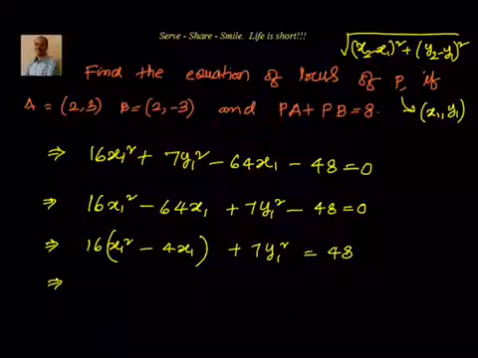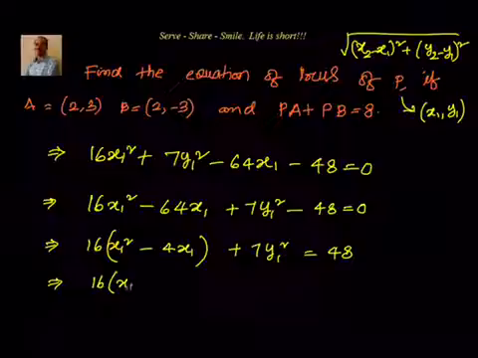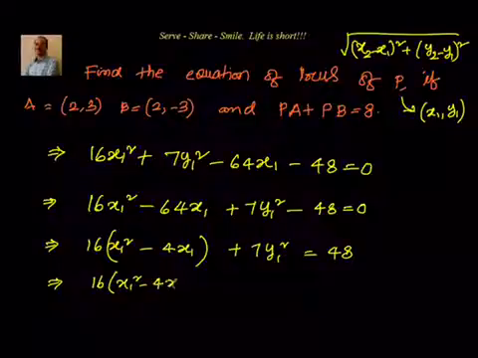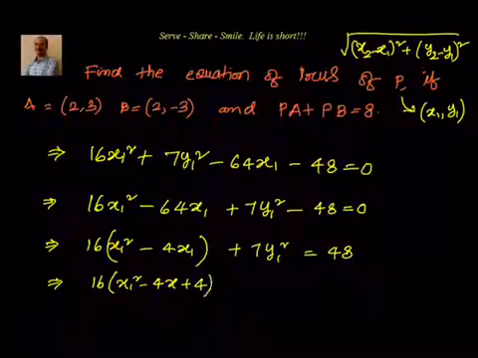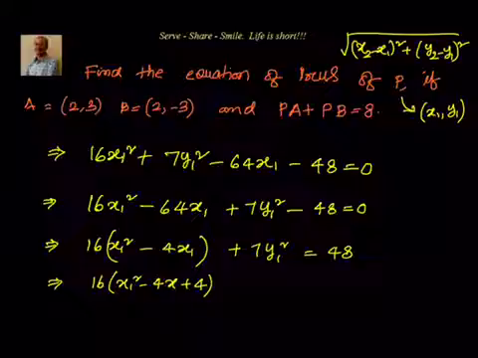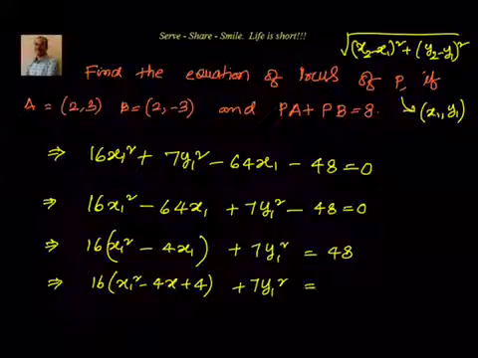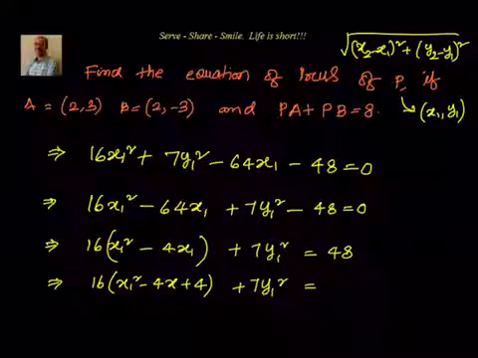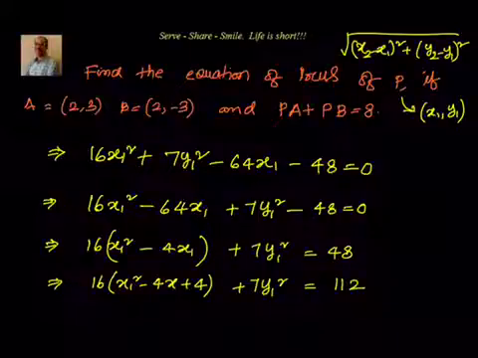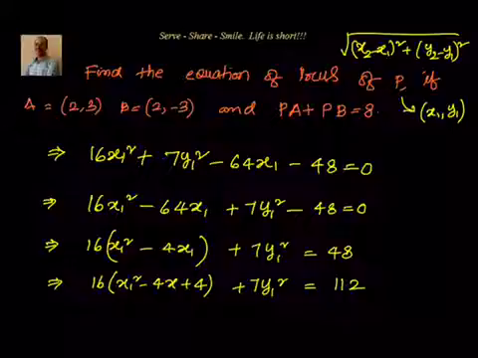So completing the squares method, if I do, I'll write down 16 into (x1 square minus 4x plus 4), so that I can make it as (x1 minus 2) whole square. So now what I have to add on the other side, 16 into 4, 64. So that will become 112. Now I can divide this by 112 so that I can get the answer.